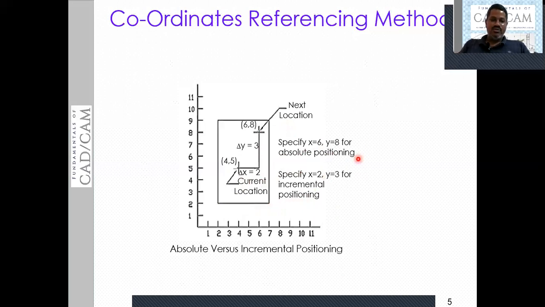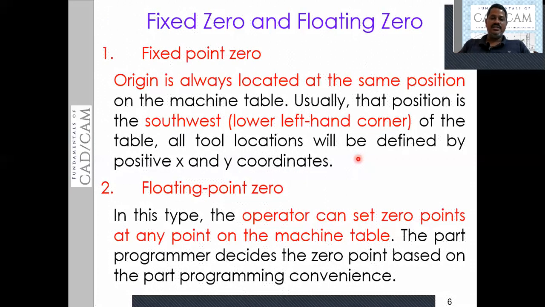So let me move forward to discuss the other content, that is fixed 0 and floating 0. In the case of fixed 0, the origin is always located at the same location or same position on the machine table. There are two terms in CNC part programming or referencing method: fixed 0 and floating 0 point.